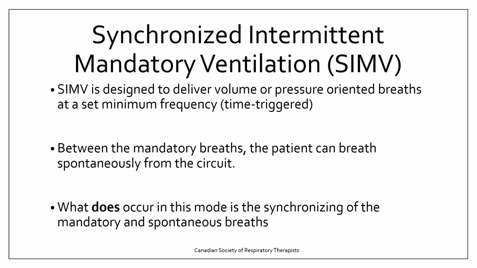What's different about SIMV than pressure control or volume control is that any breaths in between that the patient triggers are going to be spontaneous breaths. That's going to be either all patient, if you're not giving any support, or little pressure supported breaths that are spontaneous. So not the machine preset breaths in between those breaths.